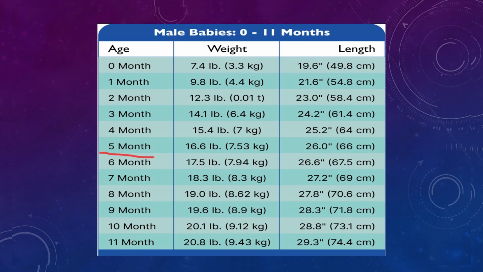Likewise, for every month for a male baby, the weight and length are given in this chart. So, this is the normal weight for normal height of the baby for that particular age, and the sex is male.